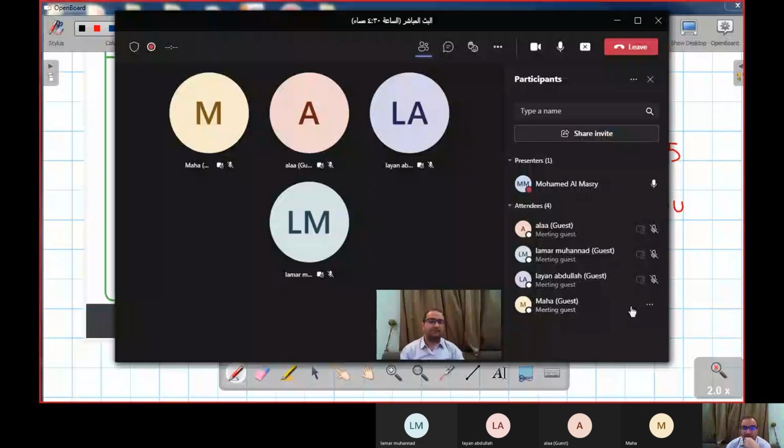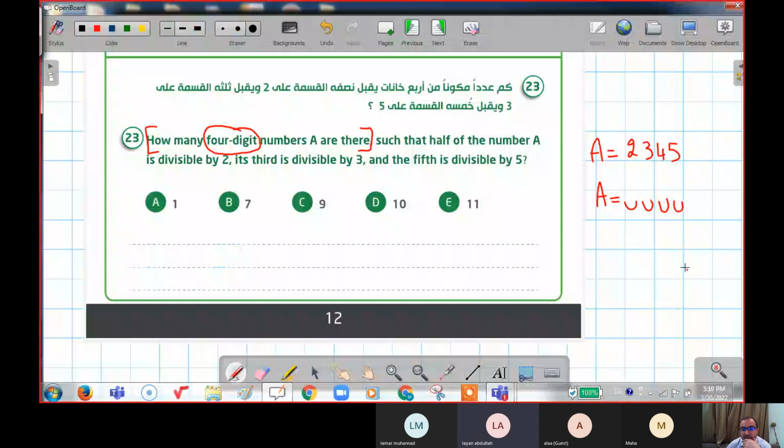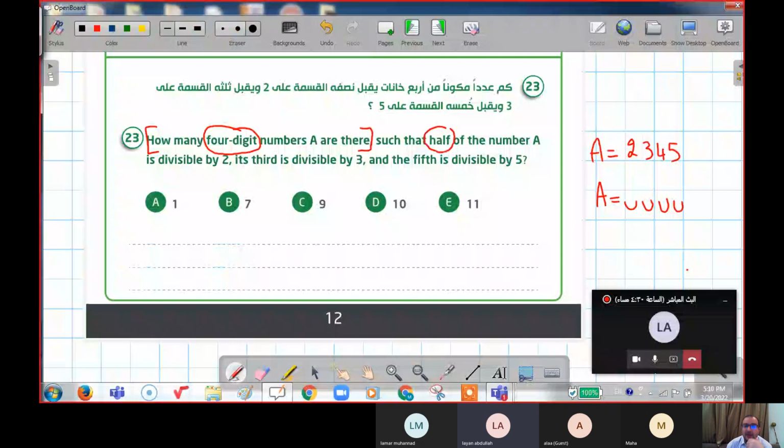Layan, can you stay with me? Yalla, Layan. Why do I say in the two examples divided by 2? Because we want the half of the number. So if the number is 8, I will say 8 over 2.